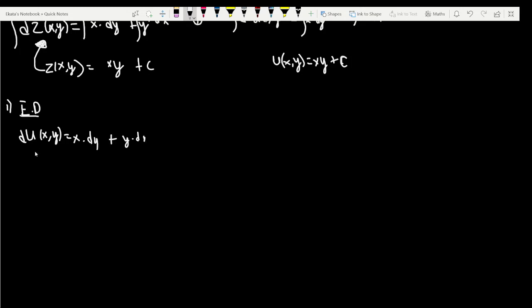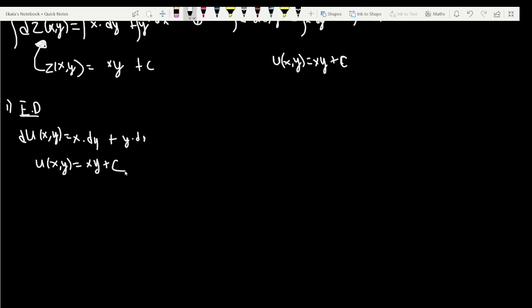And if you get that particular function directly by integrating, this type of differential that shows this property is known as the exact differential. Maybe this is xy plus constant, I'm just assuming, it is maybe not correct.